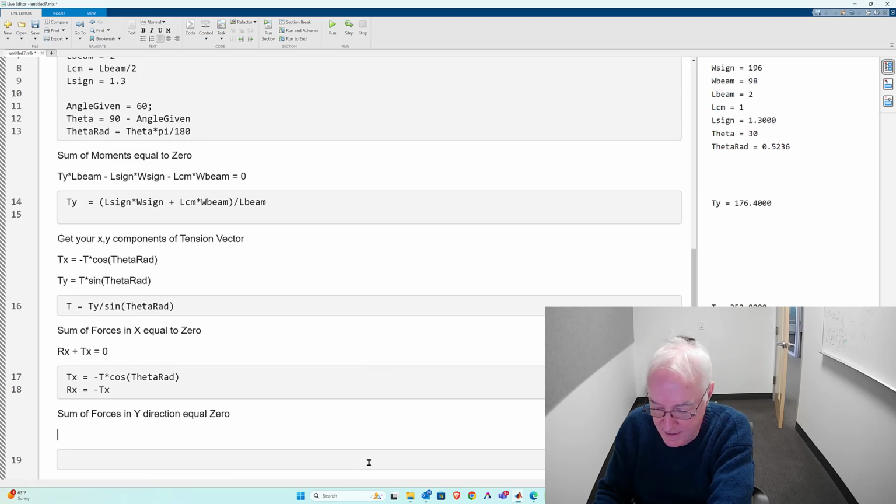So Ry plus Ty minus W sine minus W beam equals 0.